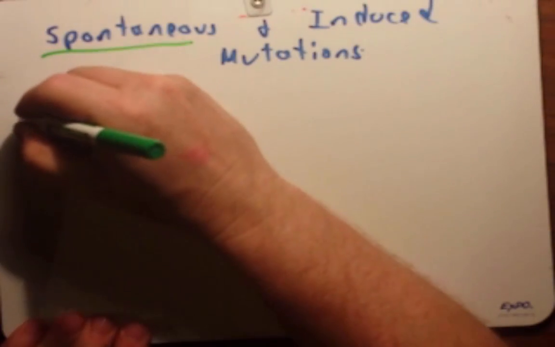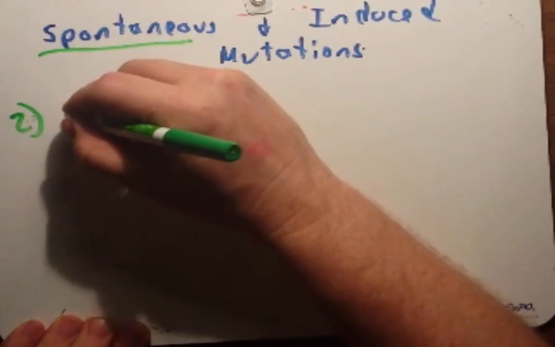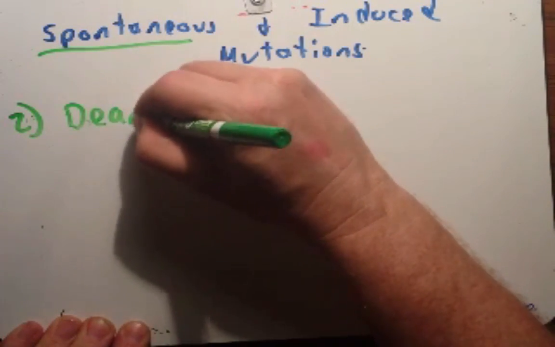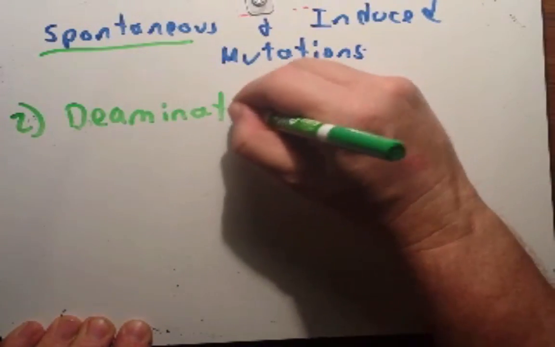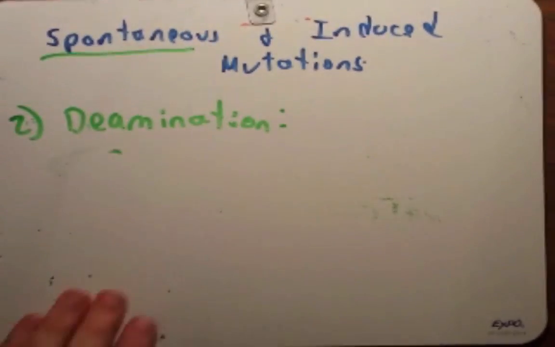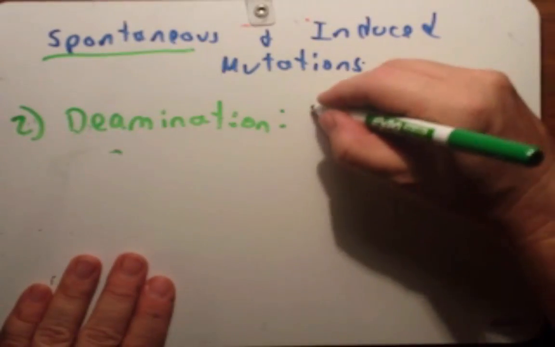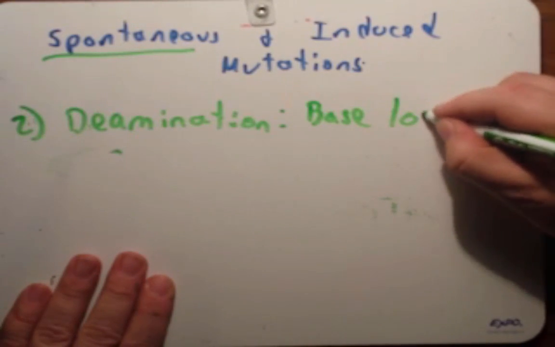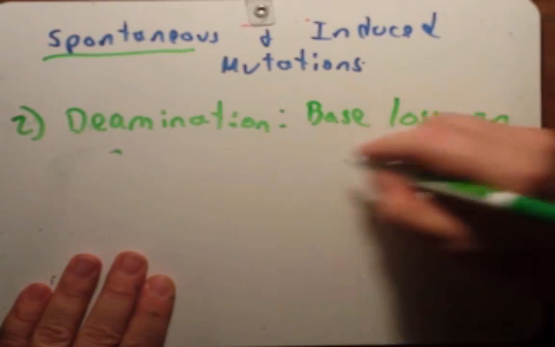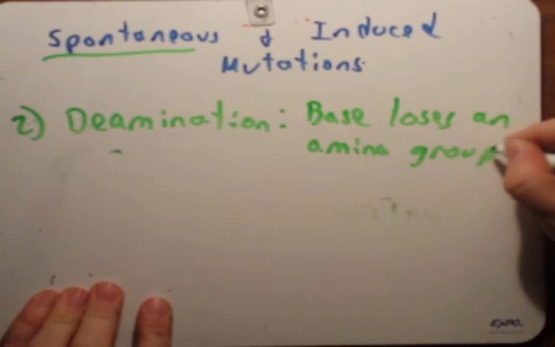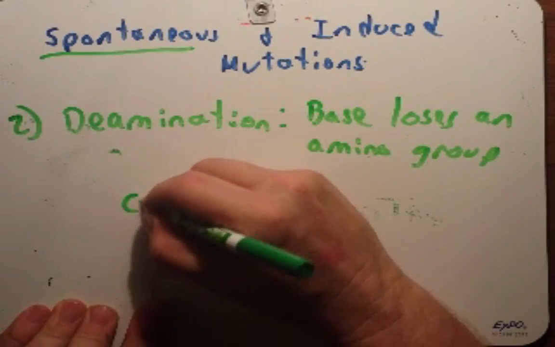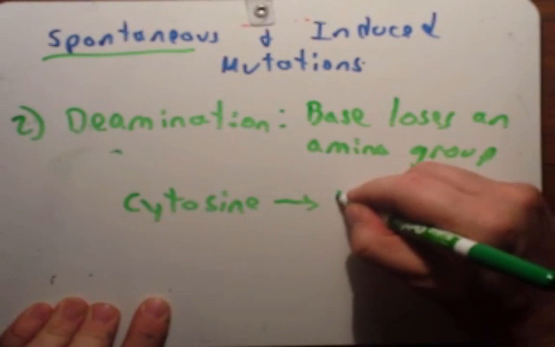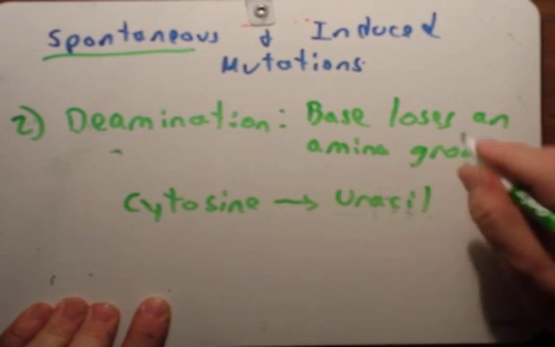The other way bases can be changed that we want to talk about is called deamination. This is what you need to know about deaminations. This is when a base loses an amino group. This is most often seen when you take a cytosine and convert it to a uracil by losing an amino group.